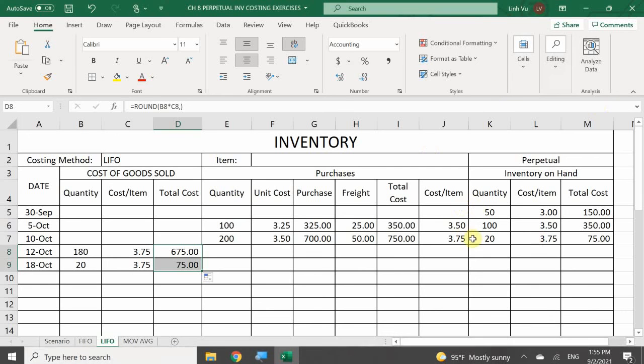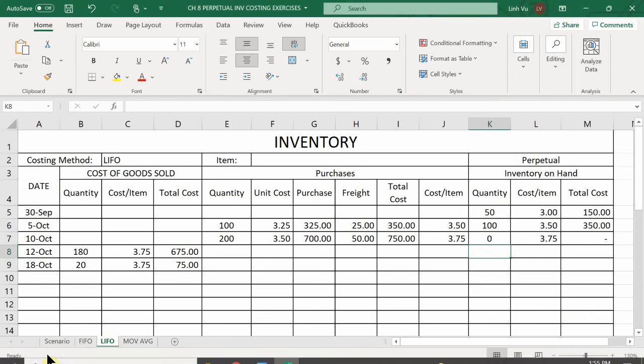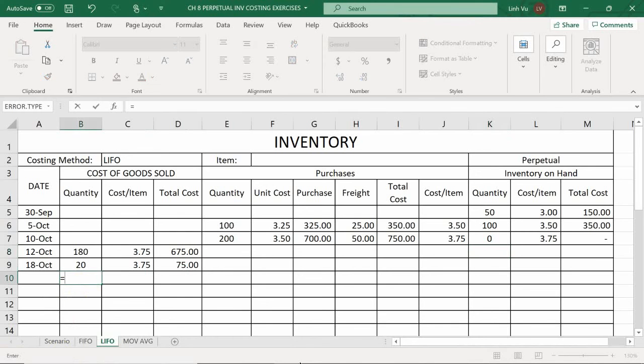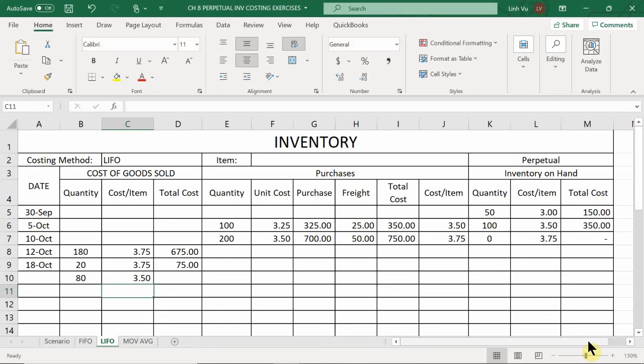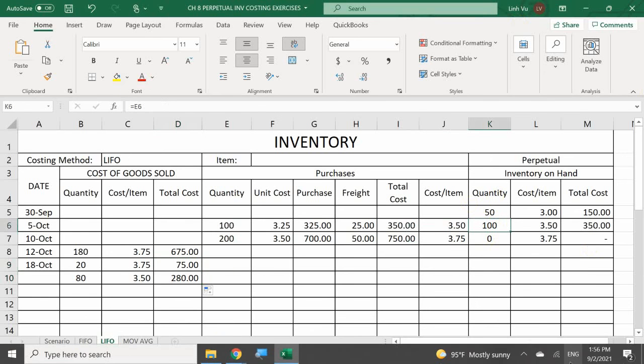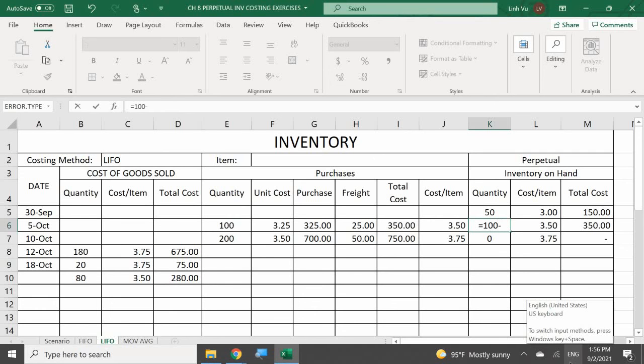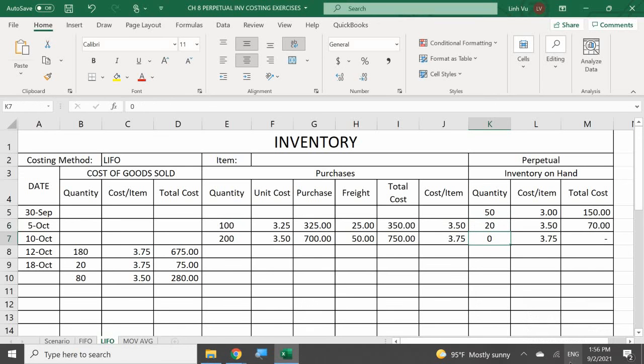And then we still need 80 from the 100 batch. So 80 at $3.50 gives us $280. Okay, good. Then we don't have 100 anymore. We sold 80, so we are left with 20 at $70. Good.